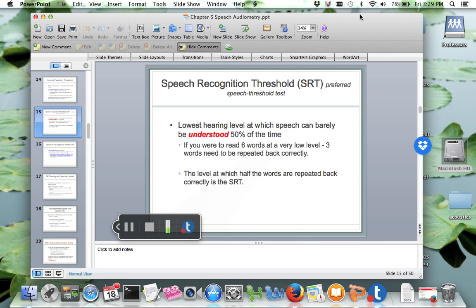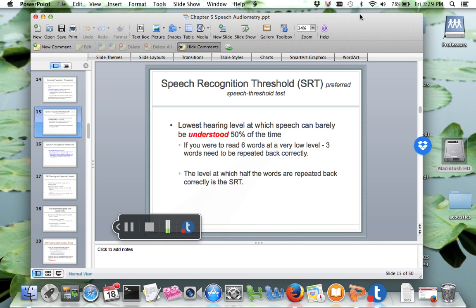For example, a normal hearing person would have a speech detection threshold around 0 or 5, and a speech recognition threshold a little bit louder at 10 or 15 dB, because it's harder to recognize speech than it is to detect that speech was present. And you perform the speech recognition threshold in the way you would perform pure tone audiometry.